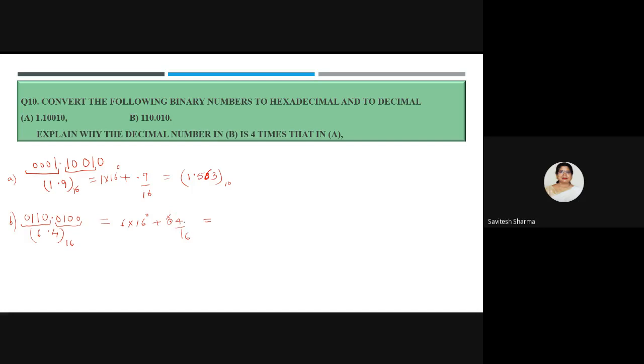Automatically the dot will come once you solve it. 4 by 16 will always give you a decimal number less than 1, so no need to put a dot in the expansion. I found this, that's why I am telling you specially, please don't put a dot here. Once you solve 4 upon 16, it will automatically come as point something. So once I solve, it is my 6 and 0.25. So 6.25 is the answer.